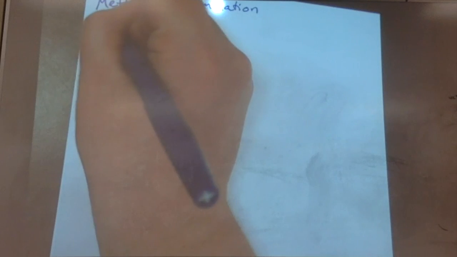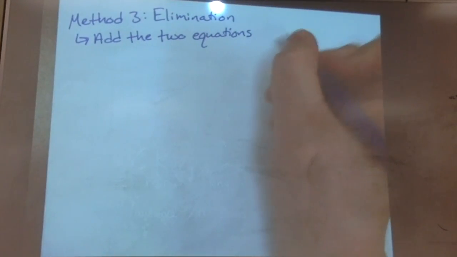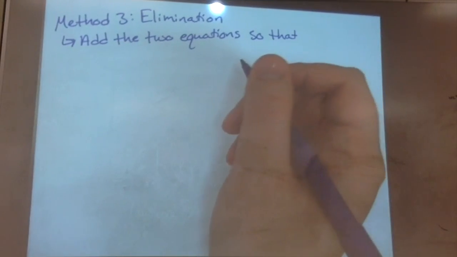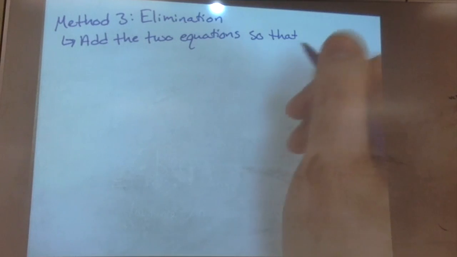Elimination. So with elimination, you're going to add the two equations together so that one of the variables cancels out. So all the x's are going to cancel out, or the y's are going to cancel out.